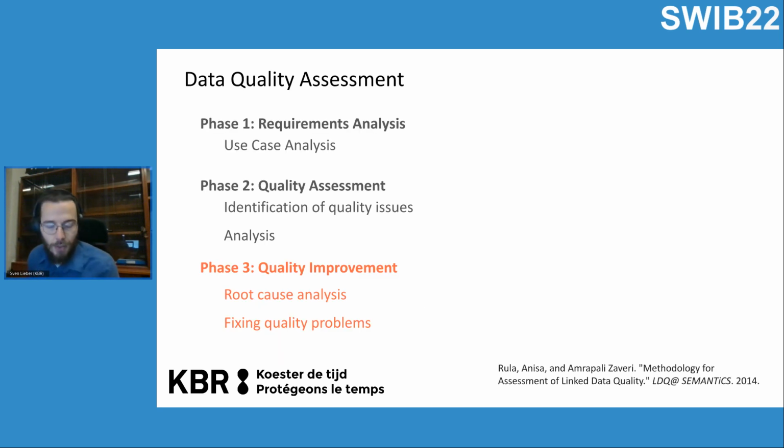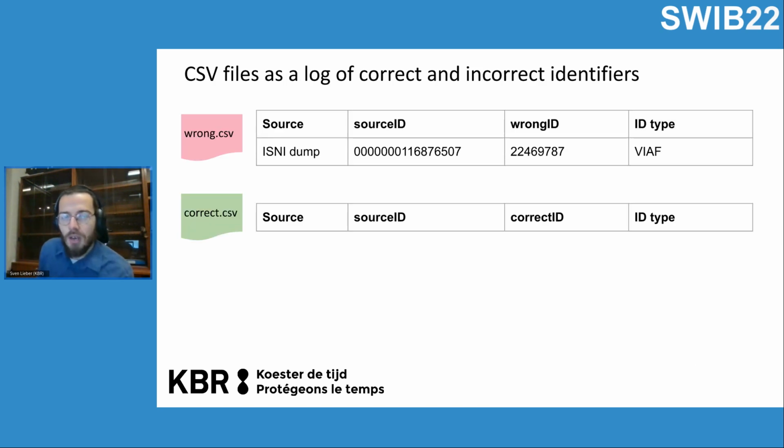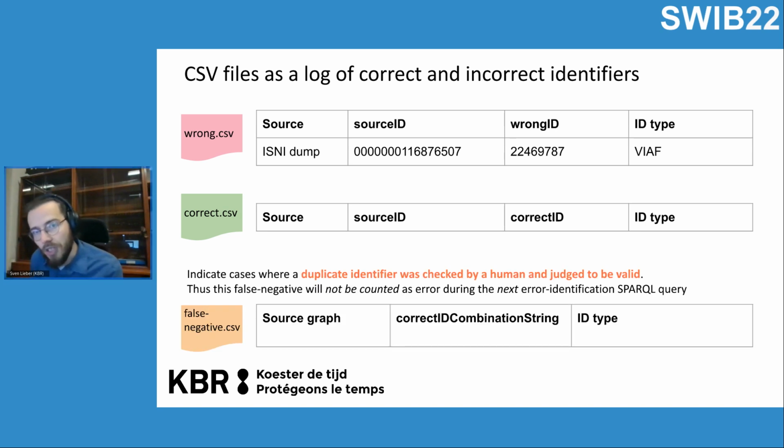So then in the third phase, the quality improvement, where we would like to fix the root cause and problem issues, what the librarian can do is provide us a CSV, for instance, with the wrong information, and if necessary, even one with the correct information, which we can use to fix the data. Of course, it could be that there is a false negative.